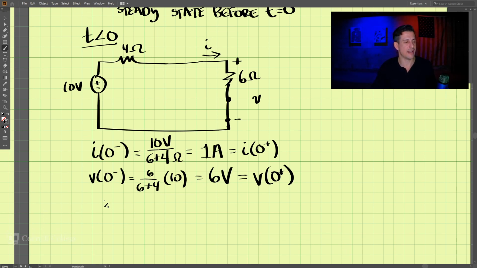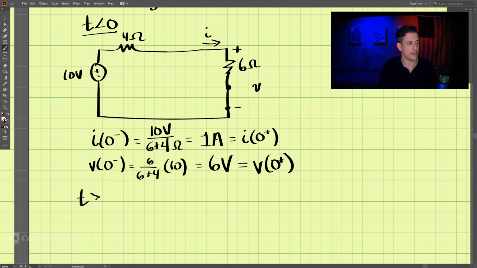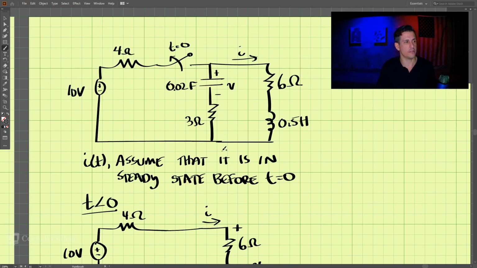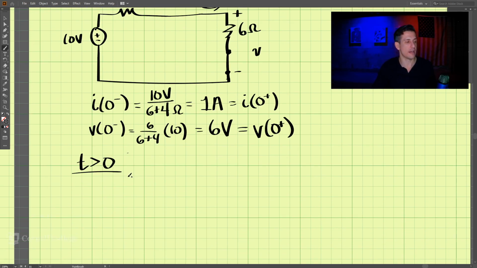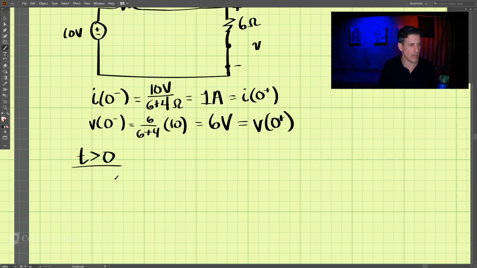Now let's analyze this circuit for t greater than 0. When t is greater than 0, the switch is opened up, so no current is flowing across here. So we only have this side over here, and that looks like this. We have a capacitor, a resistor, then another resistor, and then an inductor.